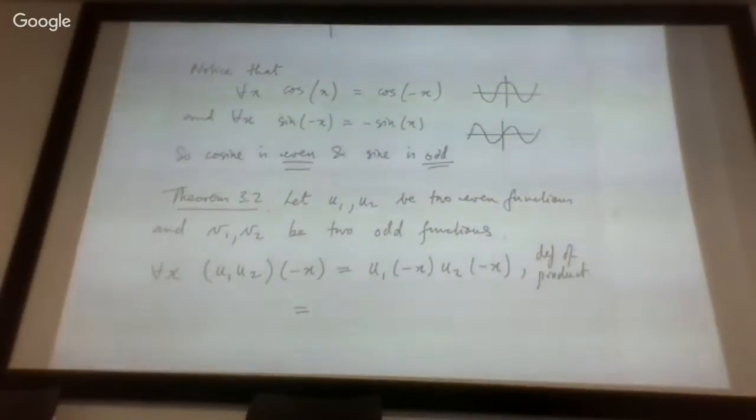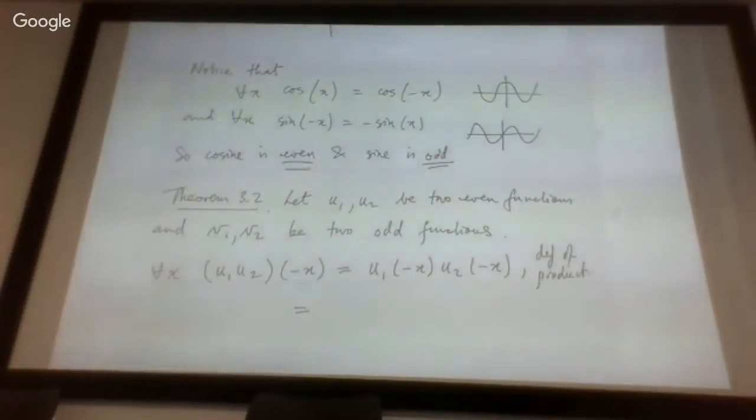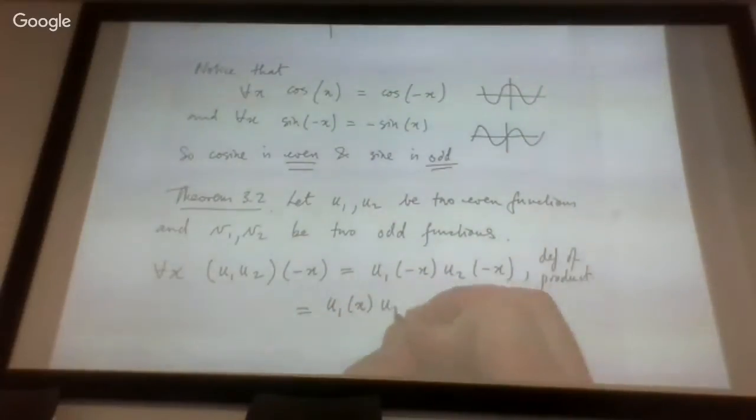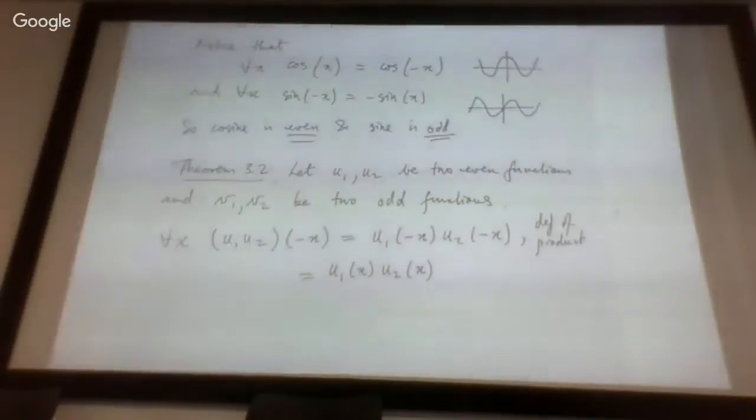Then it's clear what to do. We can use the fact that u1 and u2 are even. So u1 and u2 both take the same value on plus or minus x. They don't care whether you give them plus x or minus x as an argument. They return the same value because they're both even functions.